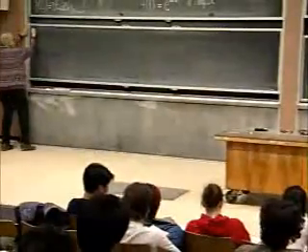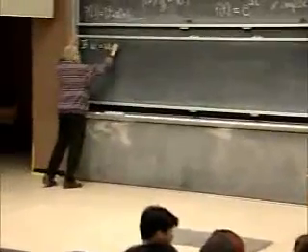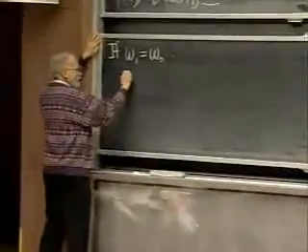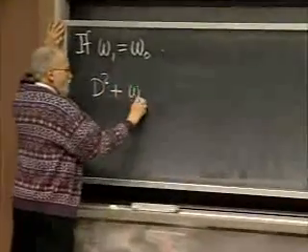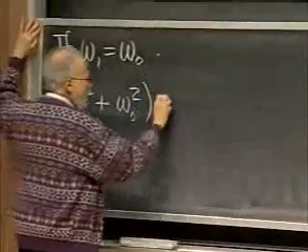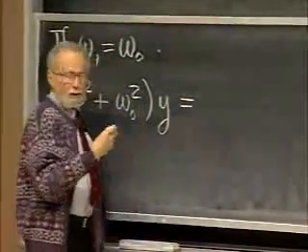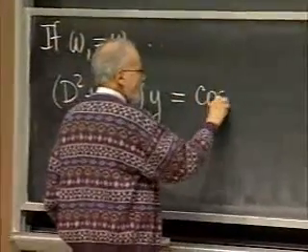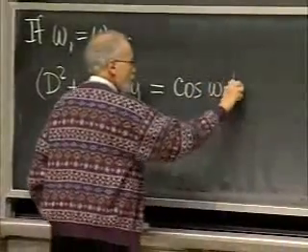So if omega 1 equals omega naught, our equation looks like D squared plus omega naught squared, the natural frequency, applied to y. But this time the driving frequency, the input frequency, is omega naught itself.